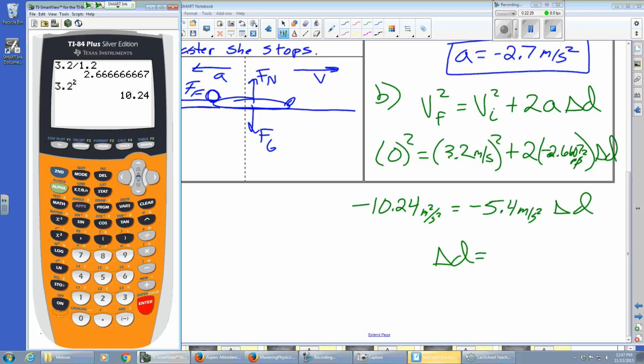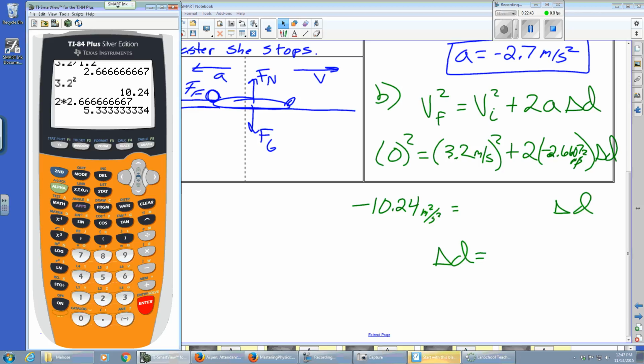I multiplied 2 by 2.6667, and I get close to negative 5.333 meters per second squared.